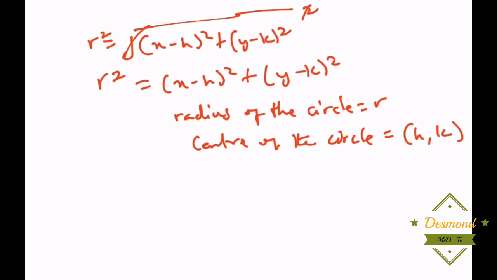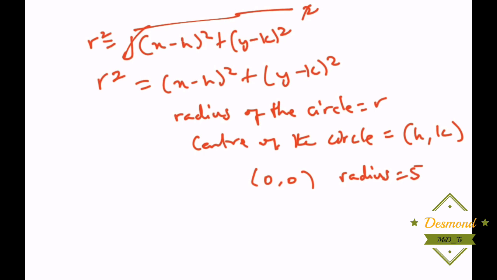Now, let's look at some examples. First of all, we will take a circle with center at the origin, so H and K will be 0, 0. Let's say our radius, R, is 5. We just plug these values into our standard form equation.